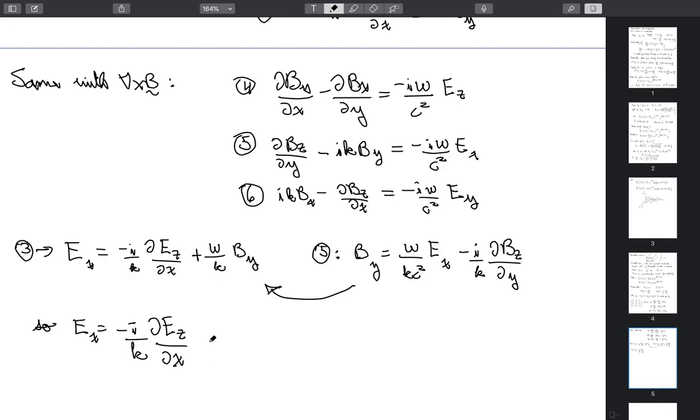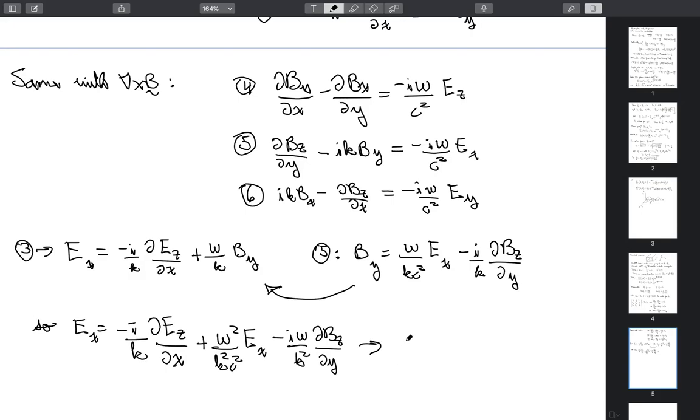So what that gives me is plus omega squared over k squared c squared Ex, and then minus i omega over k squared dBz/dy. Now what I can do is isolate the Ex, because I would get 1 minus omega squared over k squared c squared, times Ex, is equal to this.